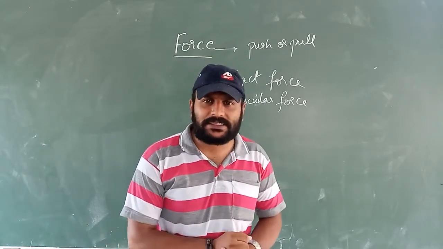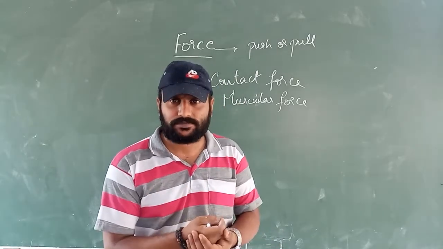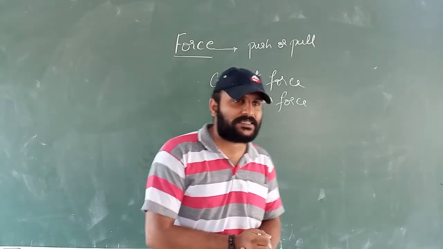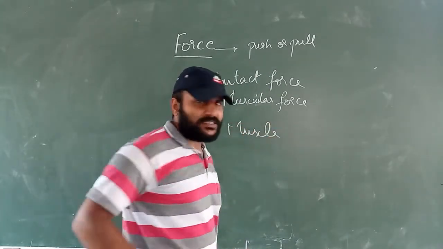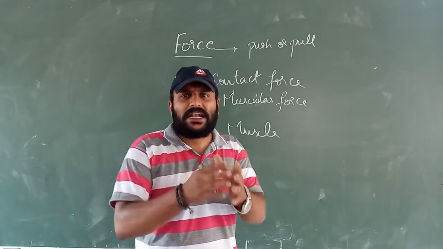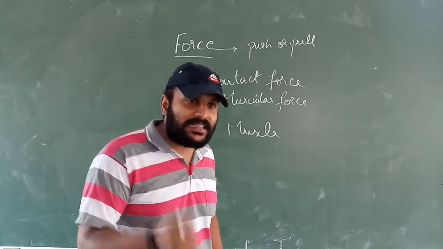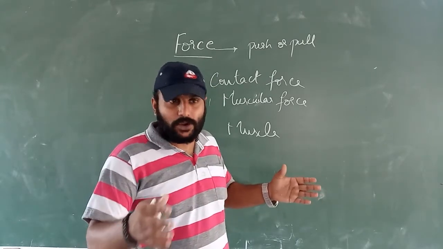What is meant by muscle? Muscle is nothing but multiple bundles of muscle cells. Important point about these muscles is that a muscle is a large amount of multiple bundles of muscle cells. In this, some part of the muscle cell will go for contraction.